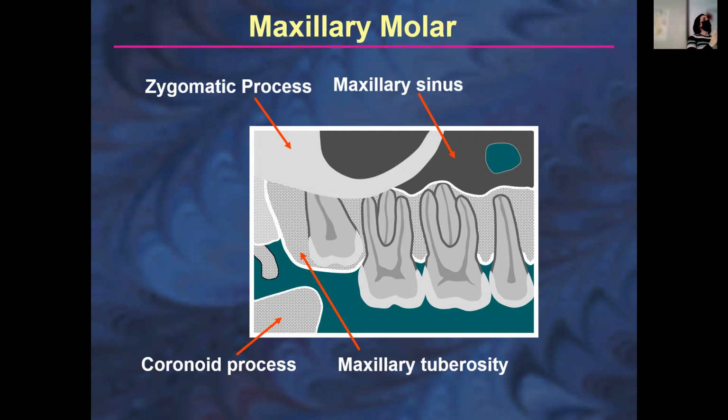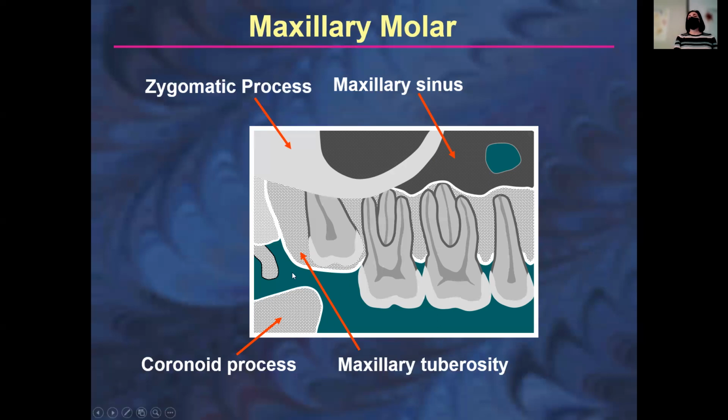And sometimes when they take the picture of a maxillary molar, you get a little tiny snippet of the coronoid process down in that lower corner closest to your last molar. So it's not going to be over by the premolars, it's going to be over by the molars if you do see it. And it'll just be like the little end of the coronoid process.